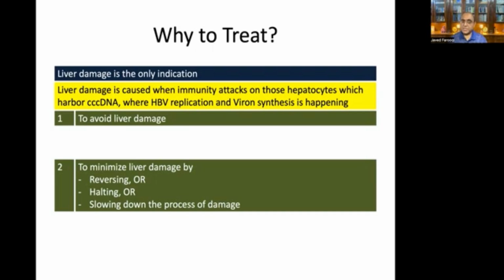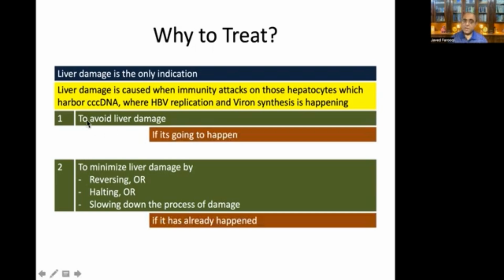And the second indication for antiviral treatment is to minimize liver damage, either by reversing what has happened, by halting any further damage, or by slowing down the process so that further damage is done at a slow rate. So these are the multiple ways we can help the liver to remain healthy or stable: to avoid liver damage if it is going to happen, and to minimize liver damage if it has already happened. What do I mean by this?